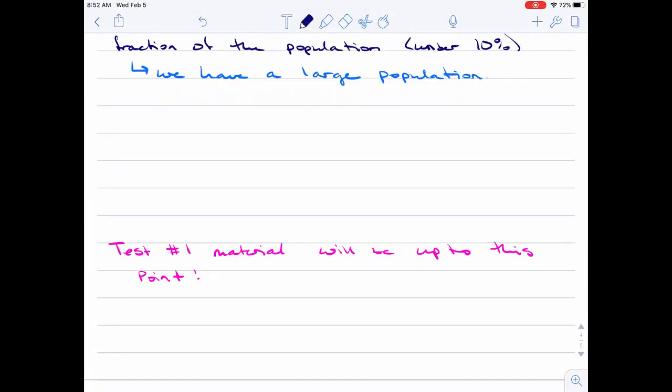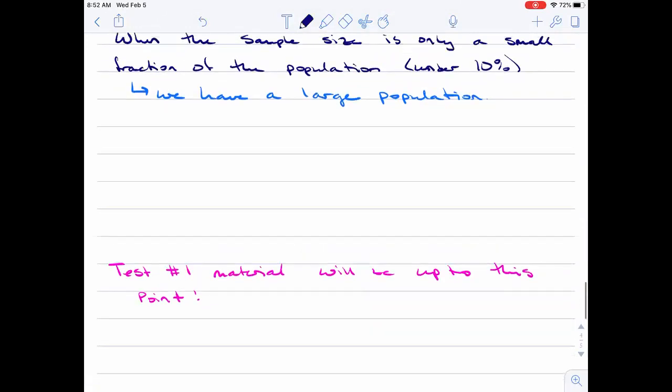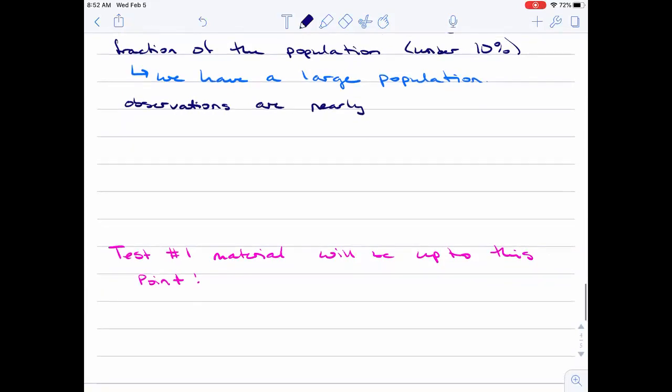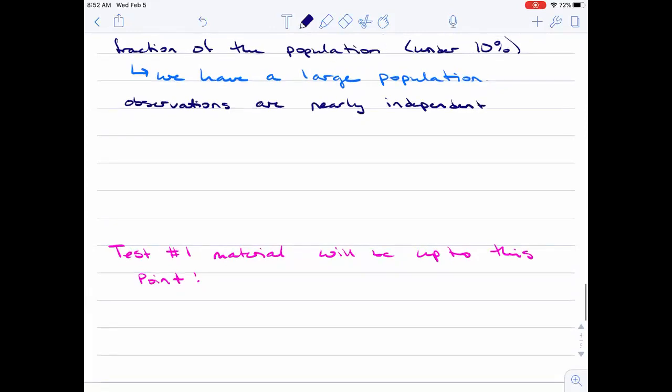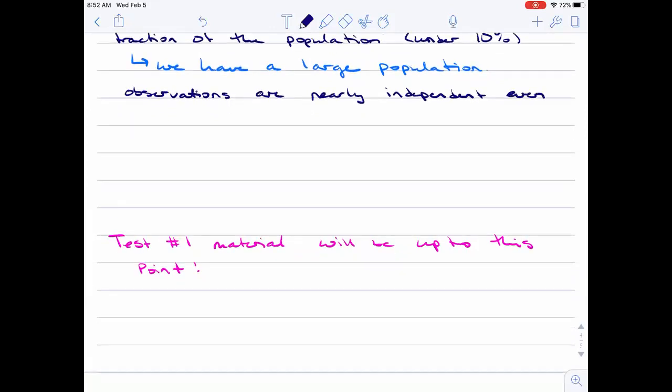So observations are nearly independent even if sampling without replacement.